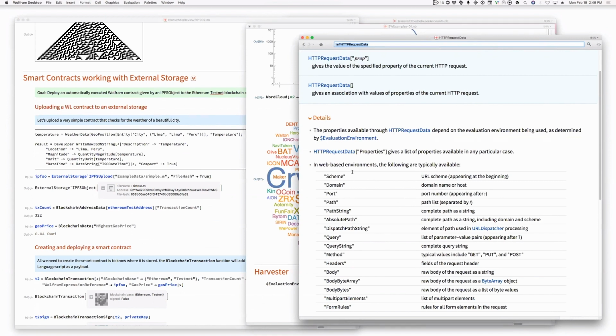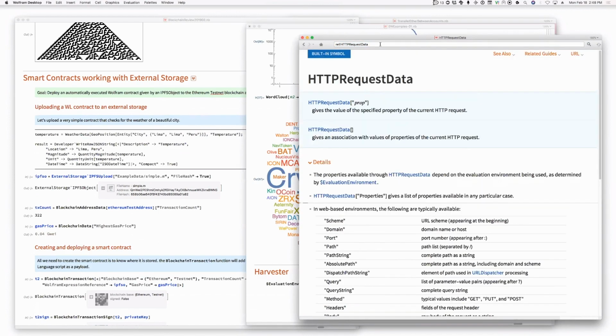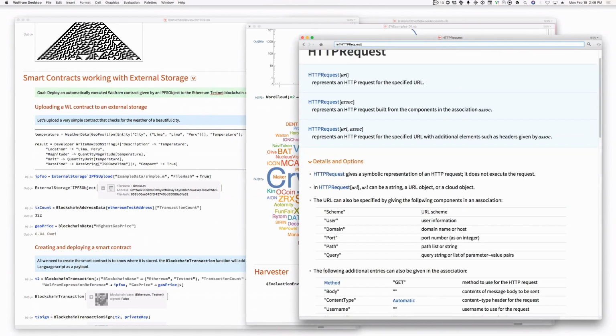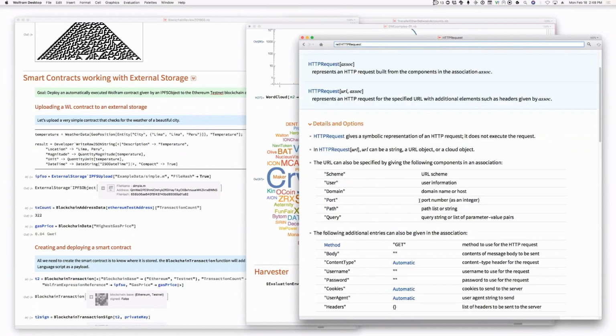So, my guess is it's going to be basically the same as the contents of blockchain transaction data, just like this is the same as the contents of an HTTP request packet. Right? If I look at this HTTP request data, let's try to understand this. What we get from HTTP request data is the cloud side view of the incoming HTTP request, I believe, plus some other metadata like the IP address it's originating at. Anyway, we need to understand the analog here.